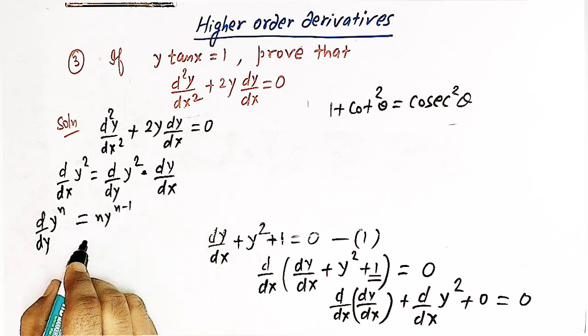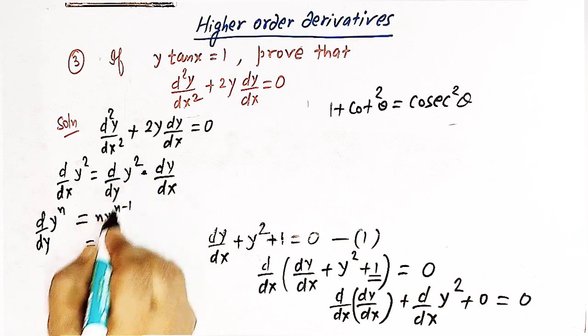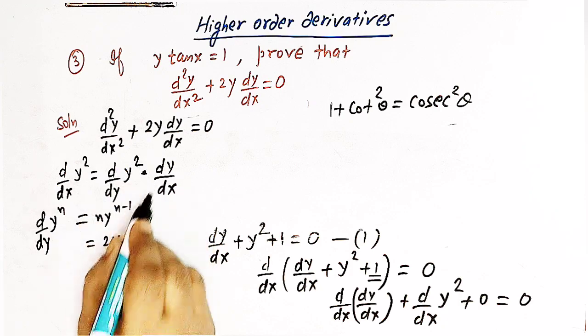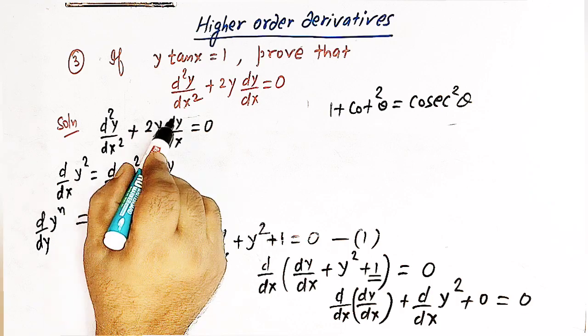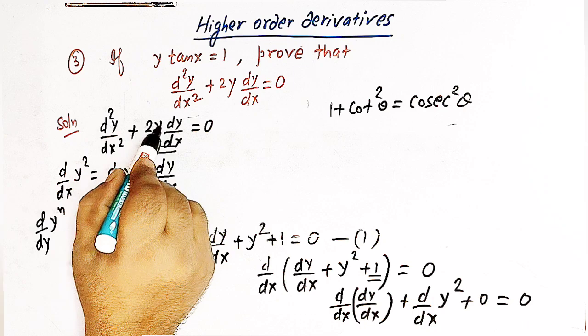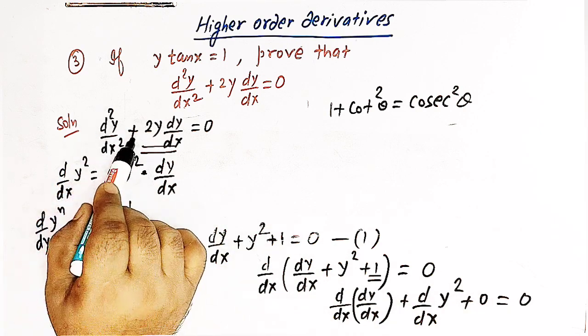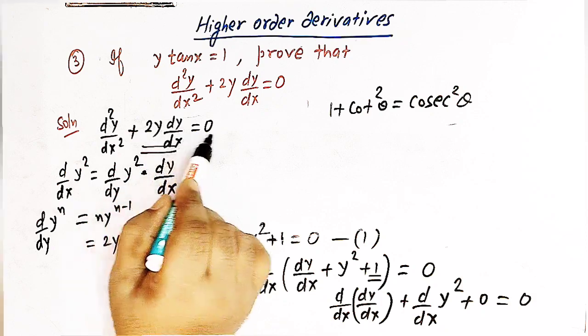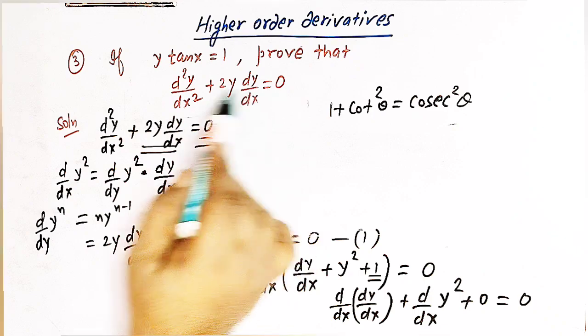So the derivative of y square is 2y, and then by chain rule dy over dx, giving 2y dy over dx. So d2y over dx2 plus 2y dy over dx is equal to 0. This is the result which was to be proved.